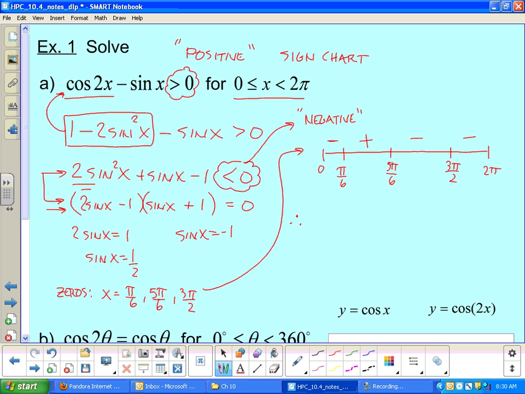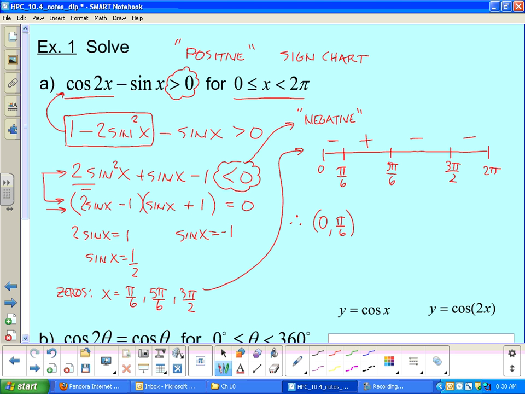All right, that happens in interval notation between 0, pi over 6. We don't want to be equal to 0, so I'm not going to include pi over 6.